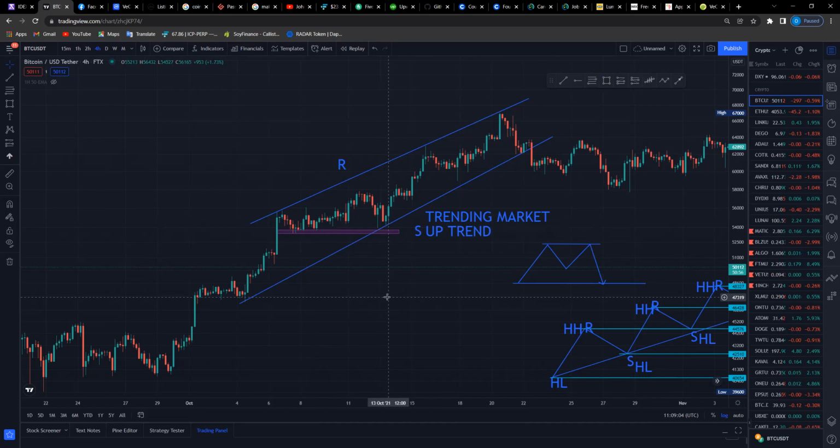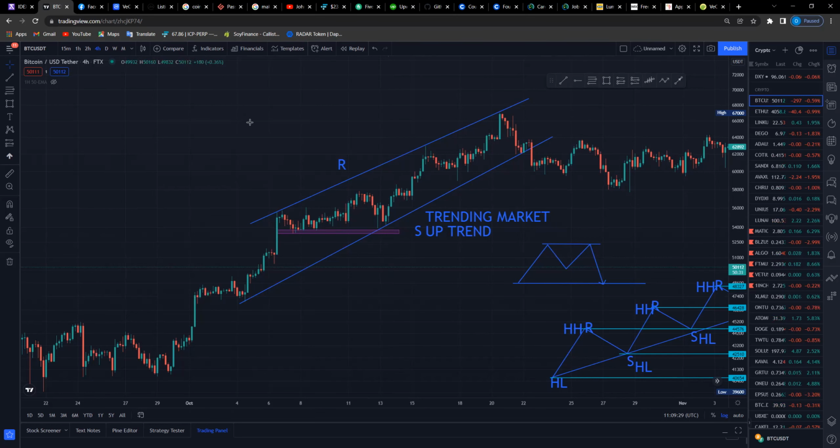Trust me, like 90% of the time the chart is being manipulated. Trust me, it is being manipulated. But what keeps you safe on the chart is your knowledge. If you don't have the knowledge of it, then you're gone.